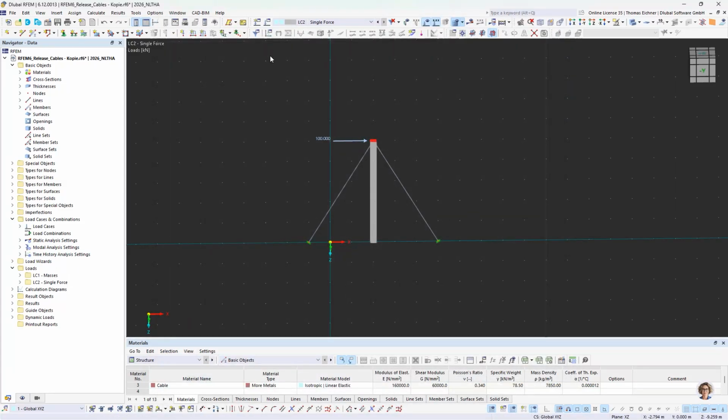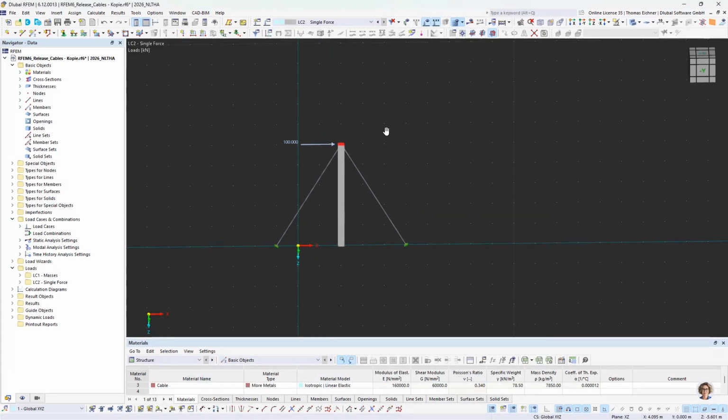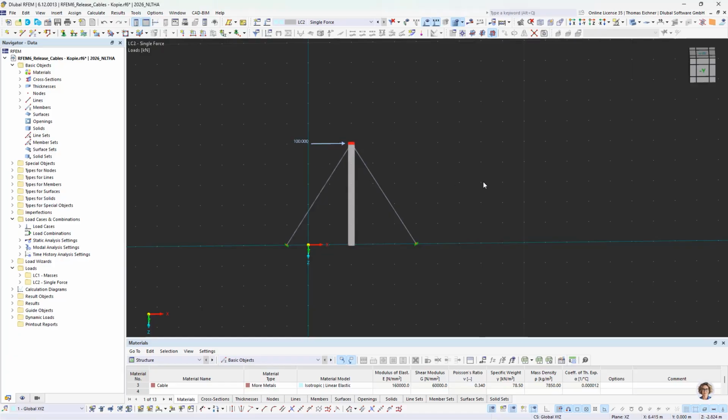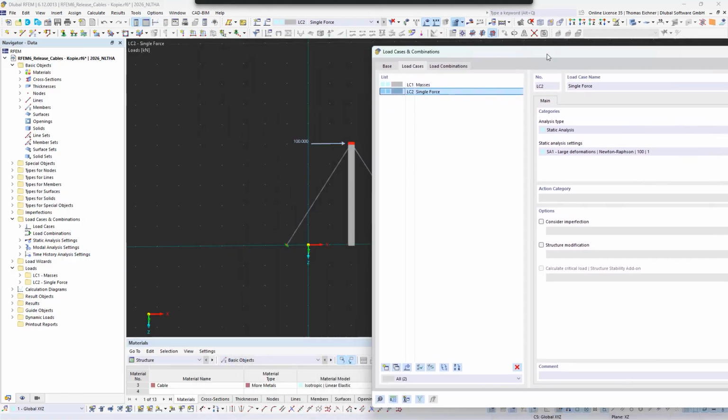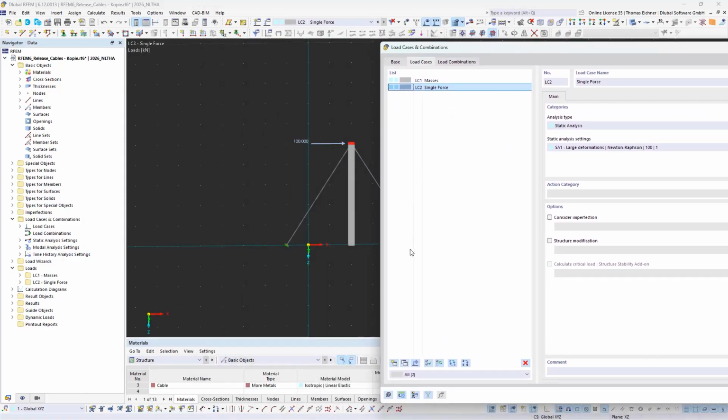Okay, we activated the time history analysis. And now we will go for the first step. We will go for our load cases. So there are the same possibilities as in the linear time history analysis. We can go for load cases or load combinations of the type time history.